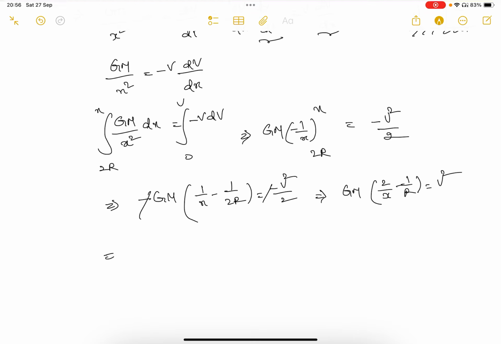That is v equals root GM into root of, as we can do some simplification here, 2r minus x by xr. So let's proceed further.